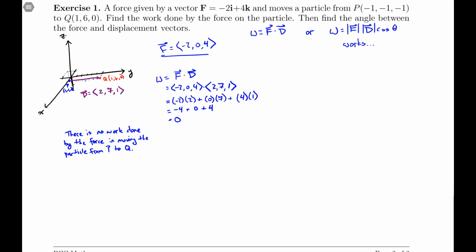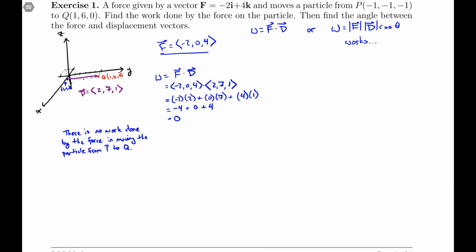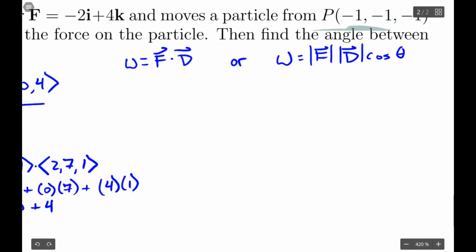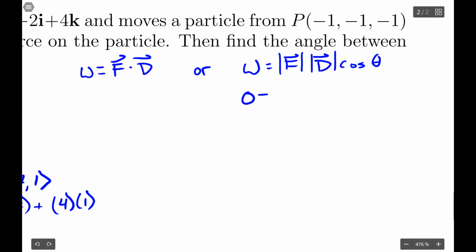That says let's also find the angle between the force and displacement vectors. Well, now we know that the work is 0. We can actually use this formula. So let's go back to that formula, and well, now we know that work is 0. We can find the size of the force.